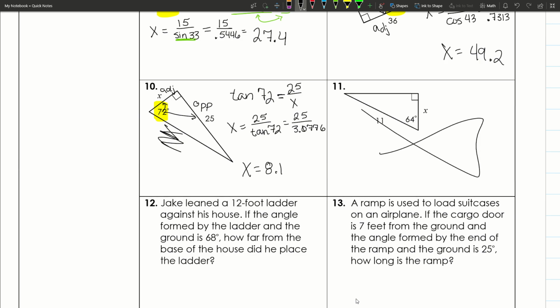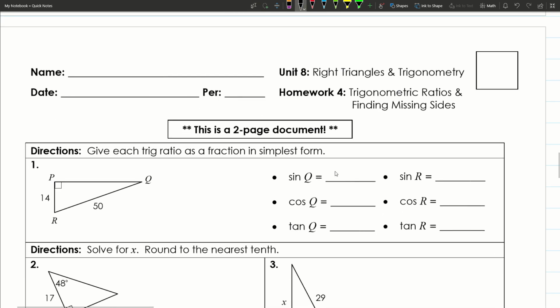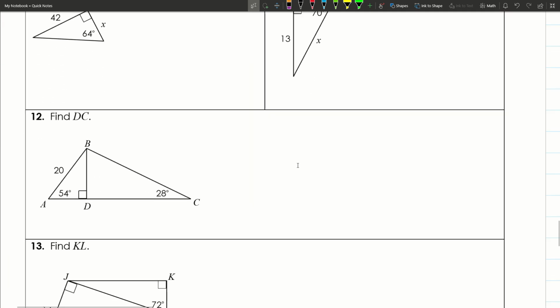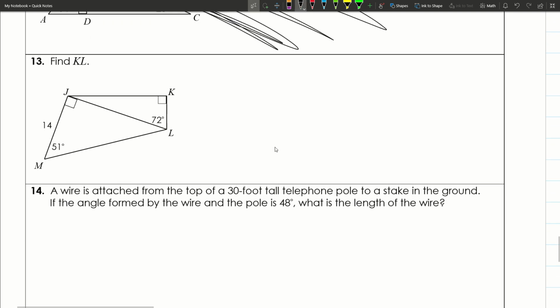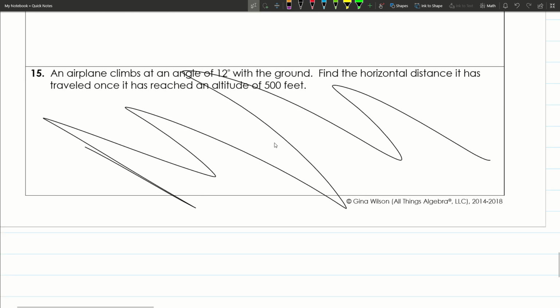We're not doing 11, we're not doing 12, and we're not doing 13. On your homework, I'm going to go ahead and give you this side length. This is 48. For your homework or your classwork, I want you to finish problems 1 through 11. You do not need to do 12, 13, 14, or 15.